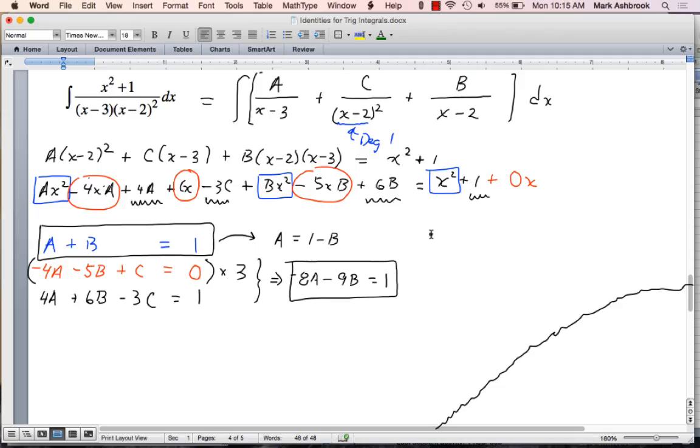I'm doing substitution to solve that system in the boxes. a equals 1 minus b, so I can take the 1 minus b and plug it in for a in here, and I'll have an equation just of b. So I'll have minus 8 times 1 minus b minus 9b equals 1.